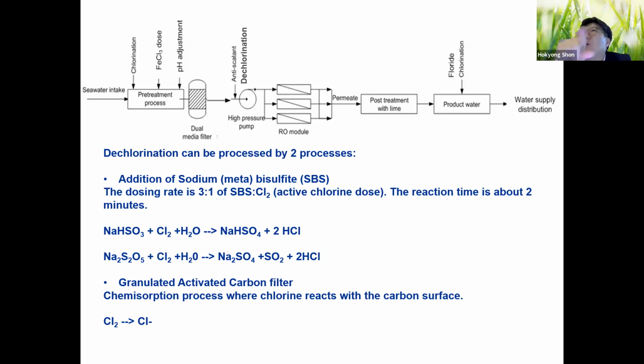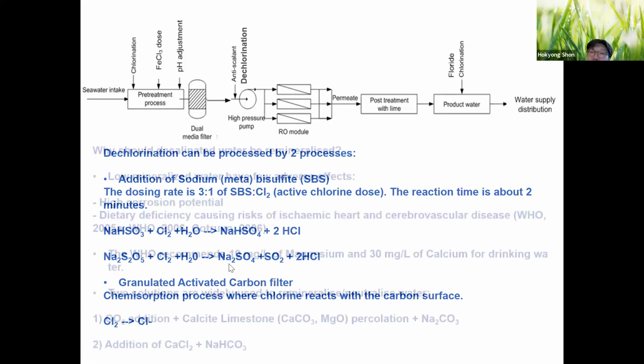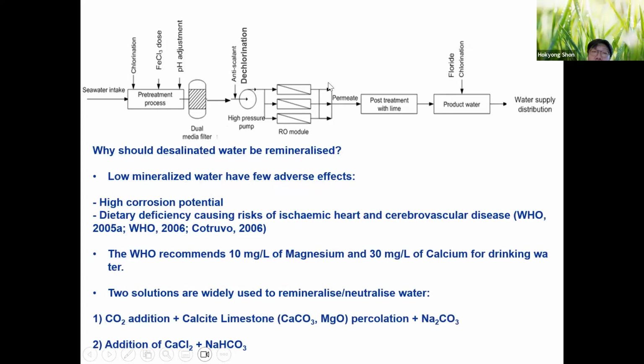So chlorination is one of the best discoveries in the world, because this is why we have a very long lifetime: safe drinking water, and we killed all the pathogens that created problems in our body system. So dechlorination is a way to do this, and then you go for your SWRO and remineralization.